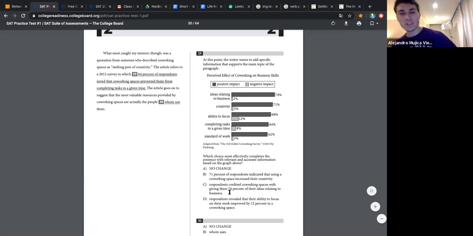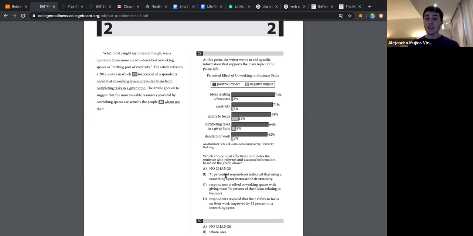Letter C. Respondents credited co-working spaces with giving them 74% of their ideas relating to business. So look at this. We have 74% positive impact in ideas relating to business. Why is this wrong? This is wrong because the fact that the co-working spaces had a positive impact in their business-related ideas doesn't mean that the co-working space gave them the ideas.